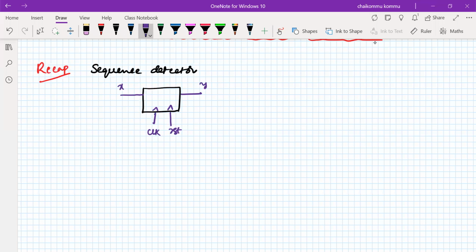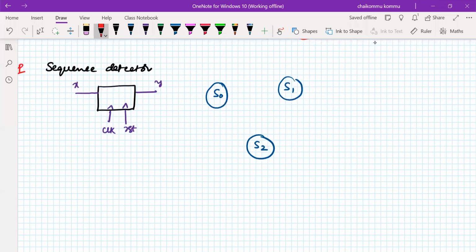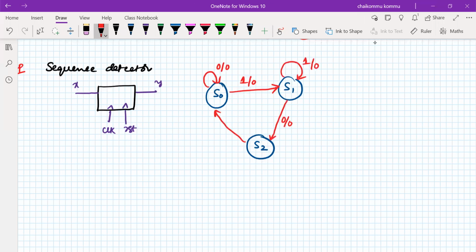Otherwise, it will go to the side. If it is 1 here, it remains in the same state. But if it is 0, it will go to the next state, the initial state. And it will go to this particular state if 1 is there, but the output is 1. So this is what we have to find.